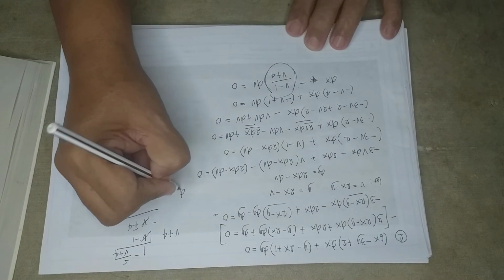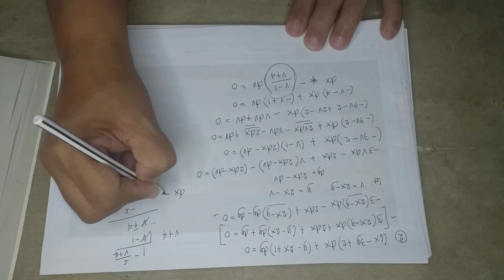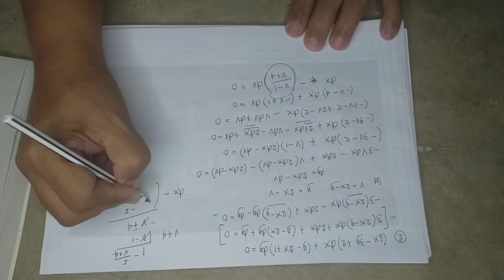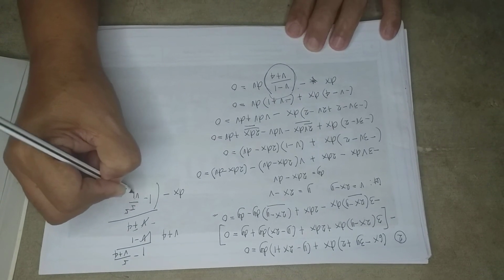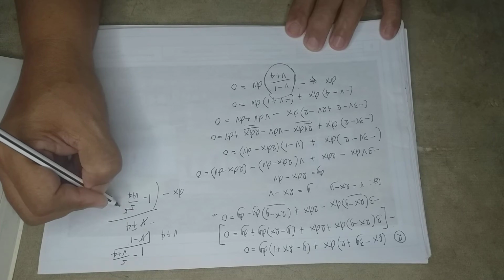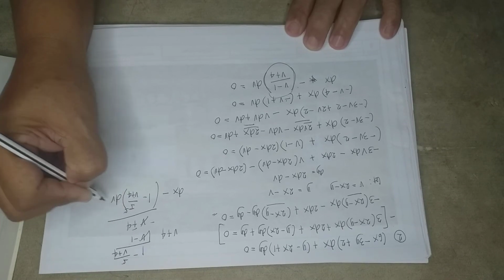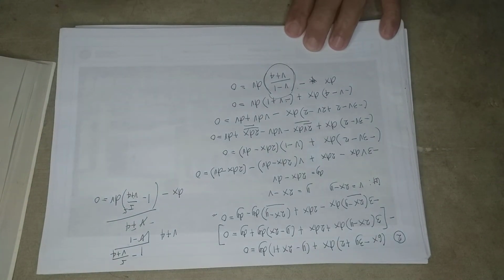So we have dx minus 1 minus 5 over v plus 4 dv is equal to 0.